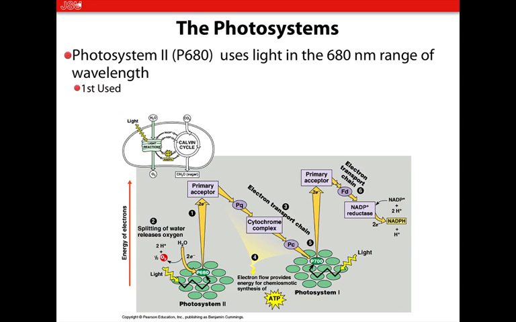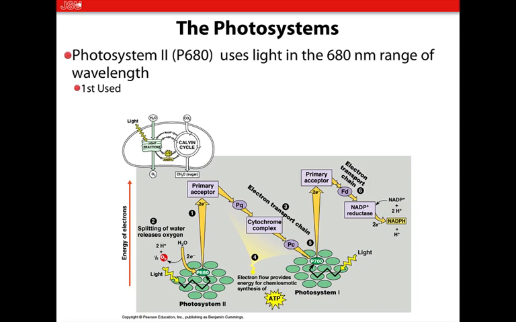Those electrons will then move away from photosystem 2 to separate proteins called cytochromes, and as they do that, that's going to make ATP. As those electrons hop down, they are lowering in energy because there's a transfer of energy from the electrons to the production of ATP.